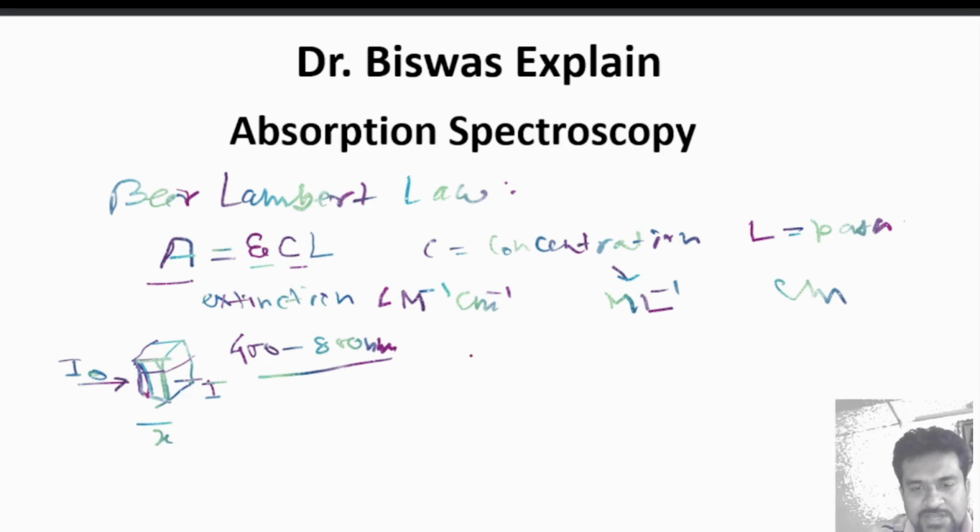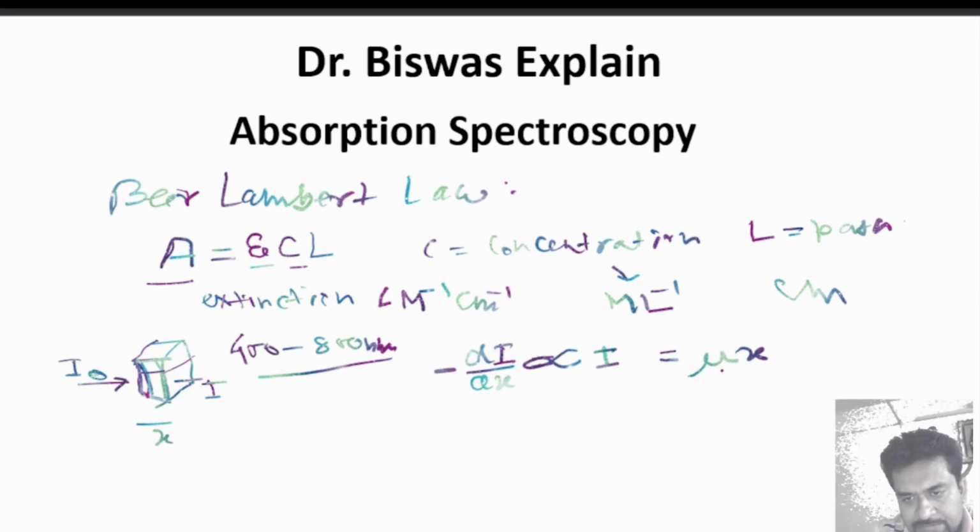After passing through this sample, if I is the intensity of the emanated radiation, then we can write down an attenuation equation, that is dI by dx as a negative quantity, because it is reducing over the distance, is simply proportional to I. If you use the equal sign, then you can take a constant here, the attenuation constant mu.